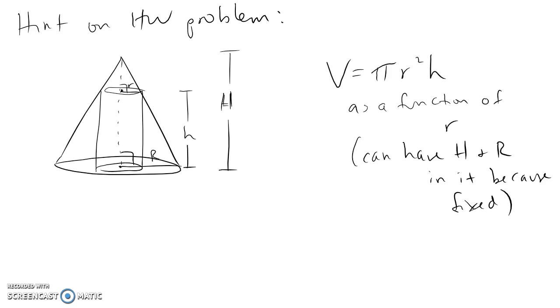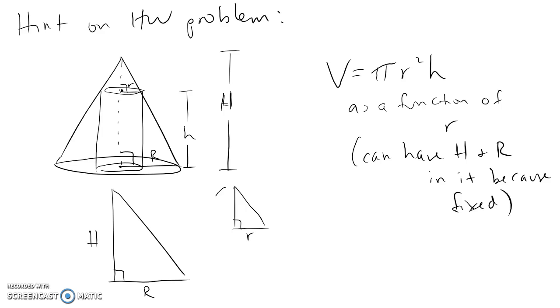What you want to do is use the ratio of sides of similar triangles for this. Our two right triangles are similar to each other. We have the big one with R as its base and H as its height, because that's the height of the cone. And then we have the little one that has little r as its base.